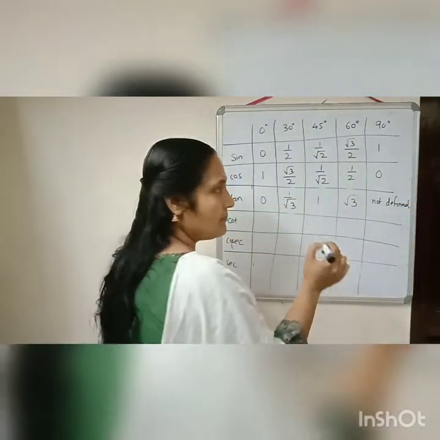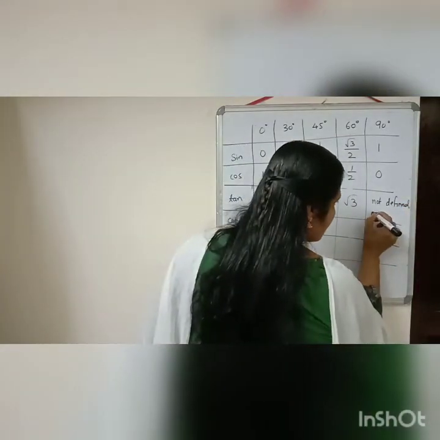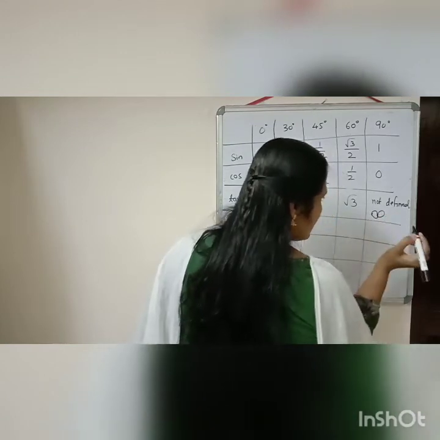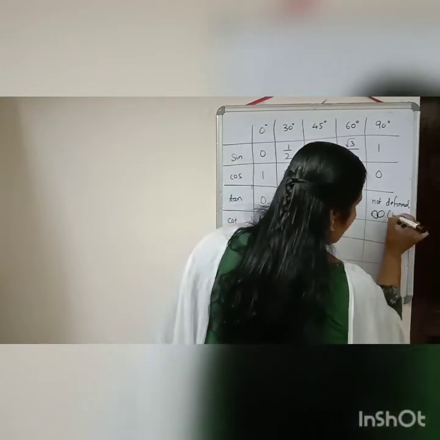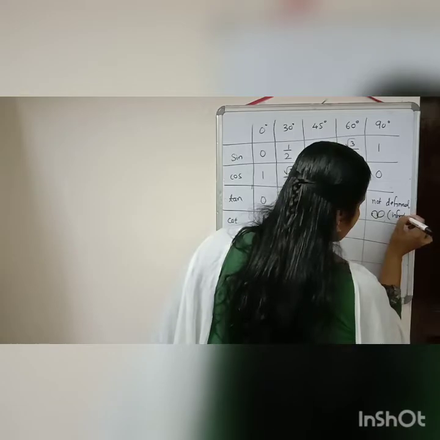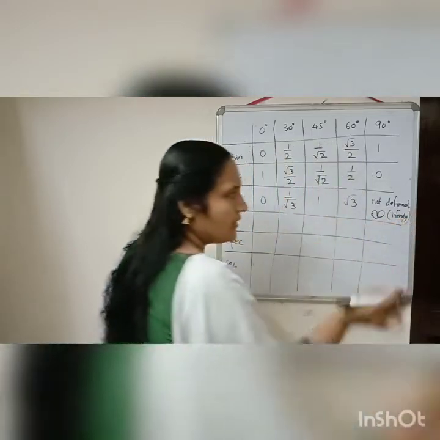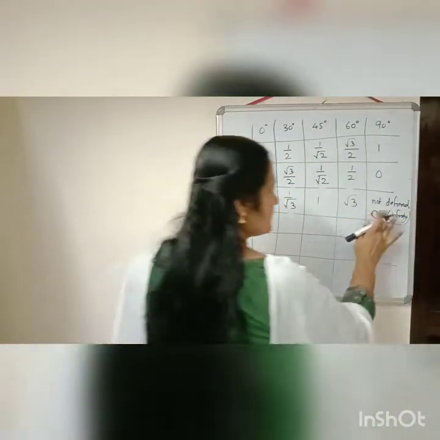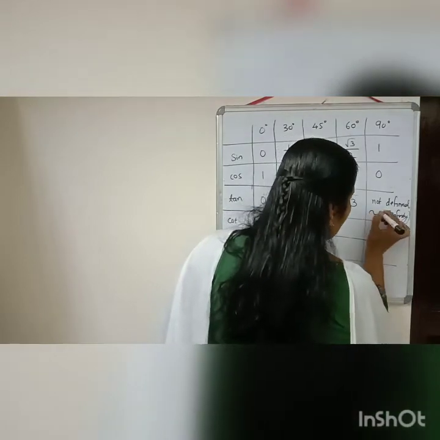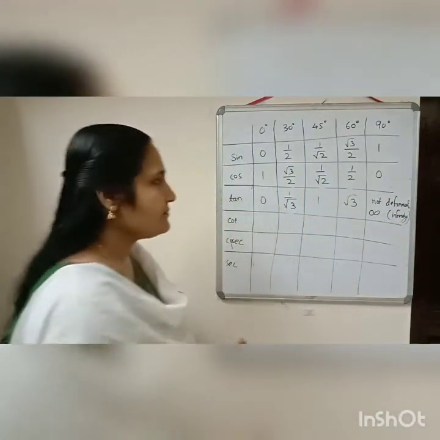So here you can write tan 90 degree is not defined, and sometimes we use the symbol for not defined in this way. Horizontal 8 you can write, and its name is infinity, because that's where that value is not defined. So you can use this symbol also for tan 90 degree.